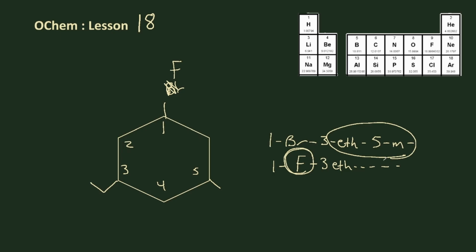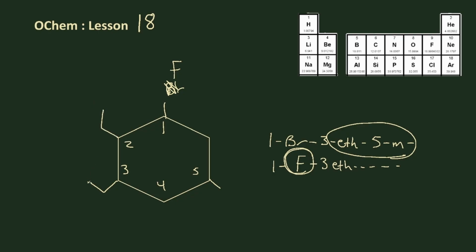So it could go 1 fluoro, 3 ethyl, 5 propyl, and then who knows what the butyl should come first, right? If I have a butyl group up here like this, then you would have a 1 fluoro, 2 butyl, and then it would be 3 ethyl group like that. And it just so happens that these numbers are in the same thing. But maybe if my ethyl, let's come back a little bit. This will work out.